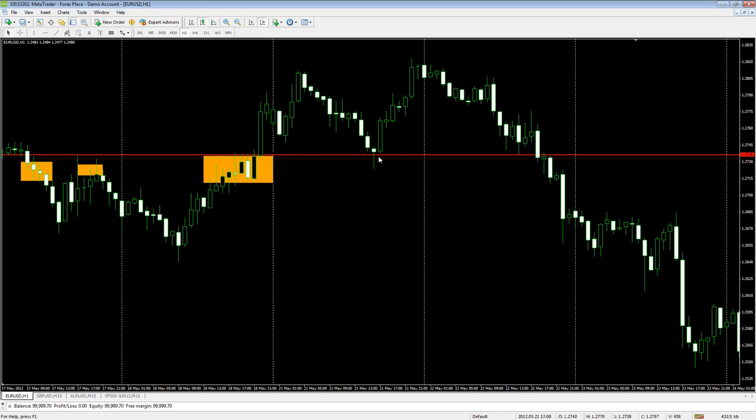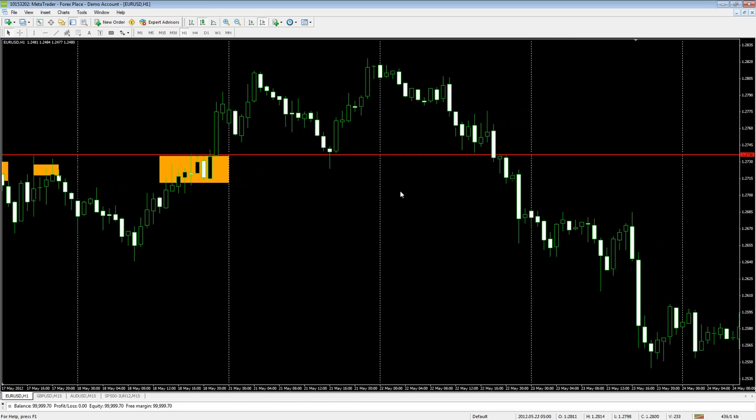Now again, once we have the price coming back to this area and giving us a reversal candle, you may expect another movement, another price action. You don't have to enter exactly when the candle closes.